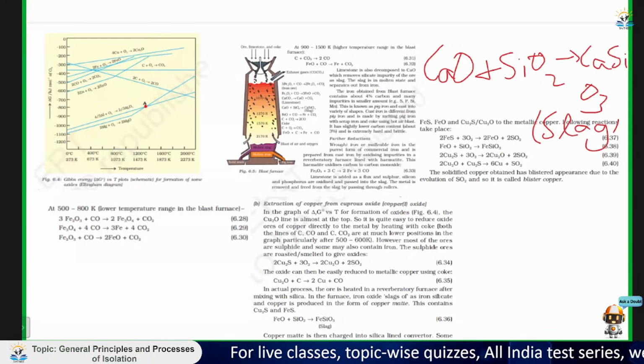Pig iron is your first step of iron, crude metal.